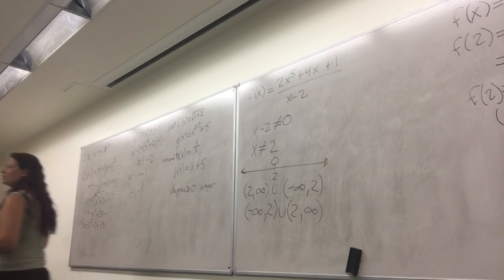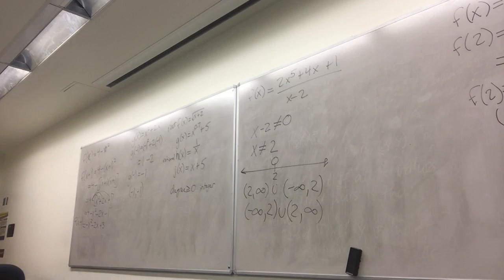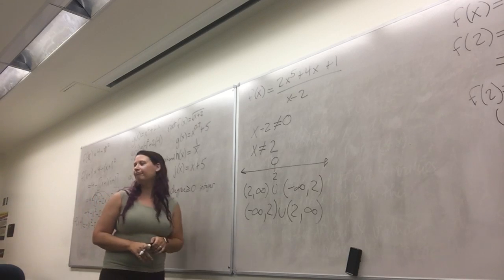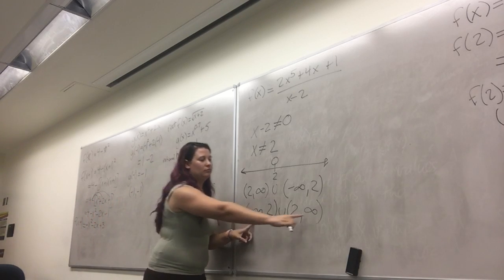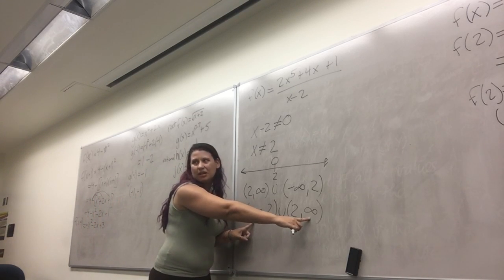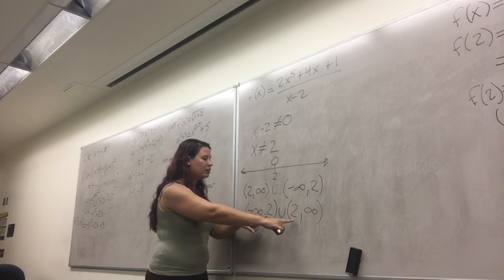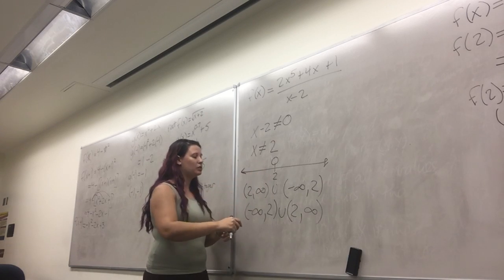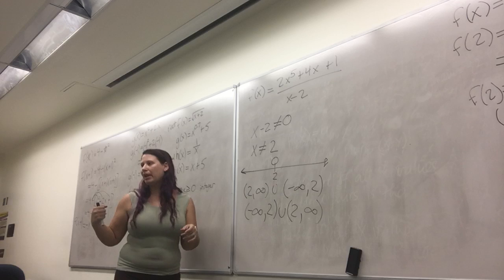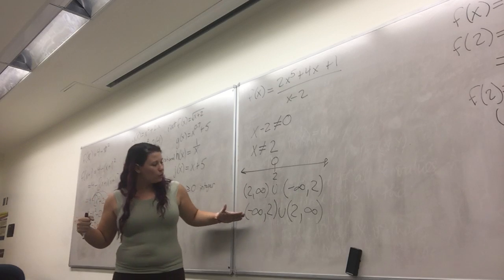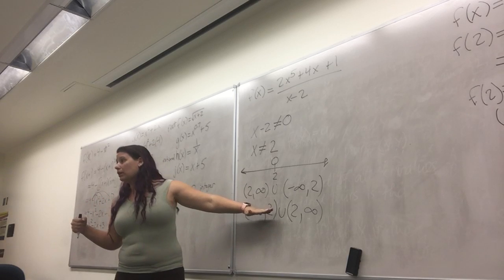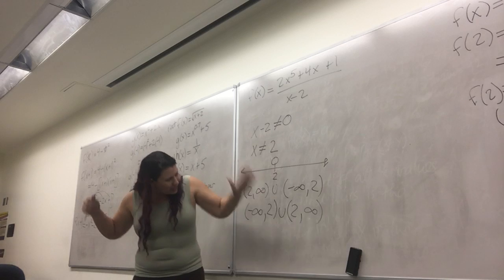And why are they all parentheses? Well, it's always parentheses on infinities, and then we just can't equal 2. So it's like we just pulled 2 out of the domain. We can get real close to it, below it, and then we start right after 2.